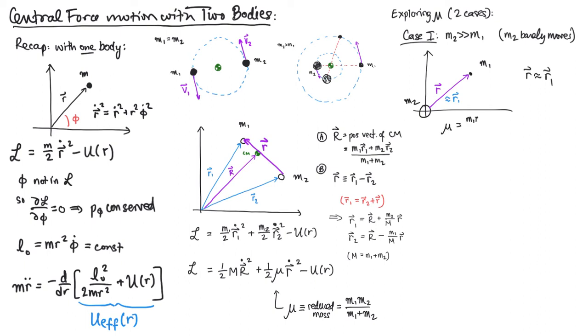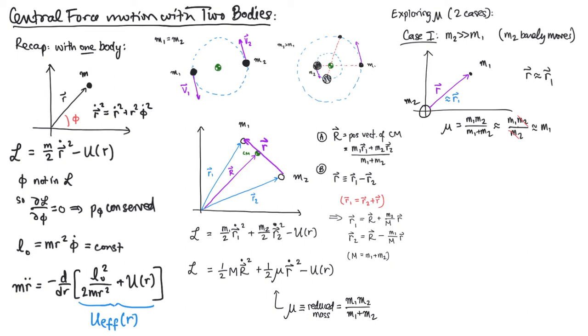The reduced mass is the product over the sum. If mass 2 is much bigger than mass 1, then that denominator becomes basically just mass 2, because you have a big added to a tiny, you just get the big back. And mass 2 will cancel, and so the reduced mass is mass 1.